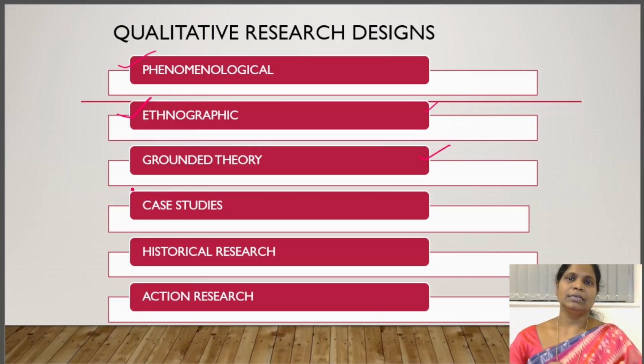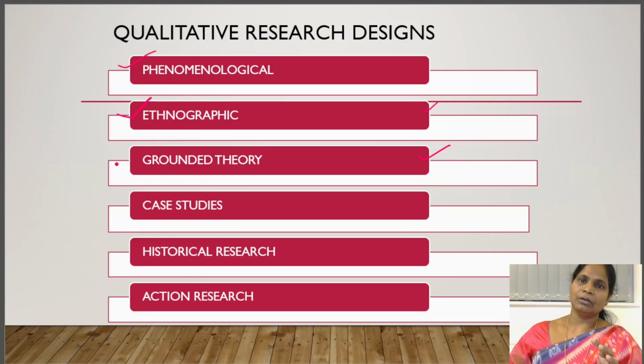For example, you can take a ground level study to assess the adaptation level of patients suffering with quadriplegia in a particular hospital or setting.